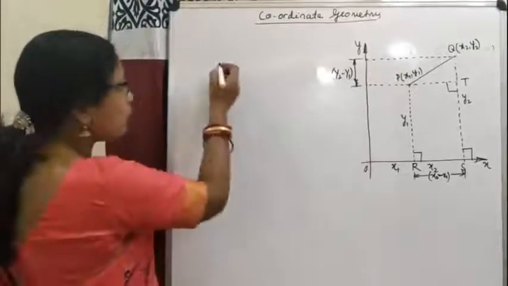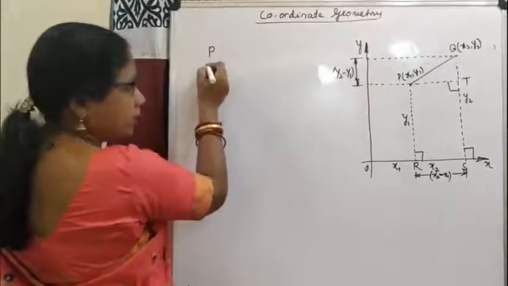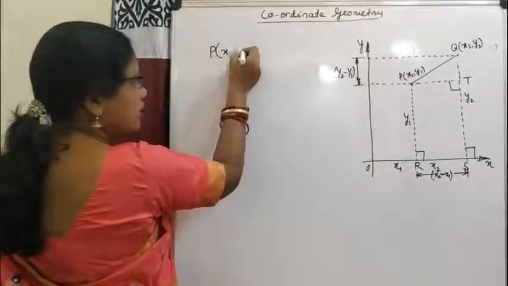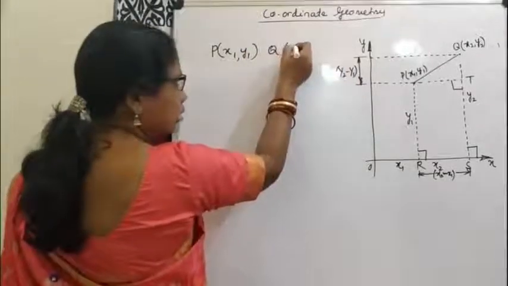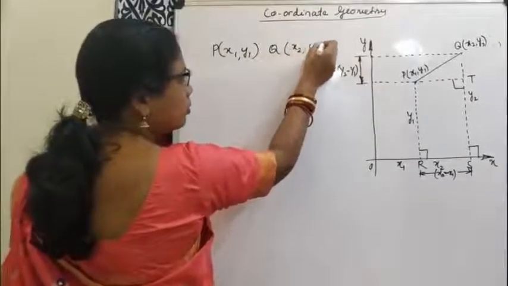So here 2 points are given. P is a point having coordinates x1, y1 and Q is a point x2, y2.